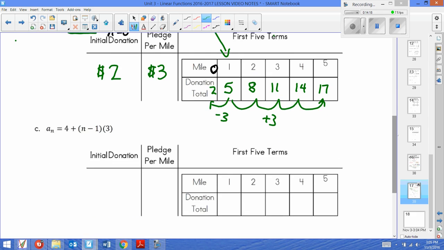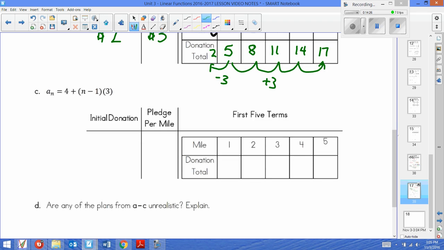Okay. Lastly, part C. This is a weird rule, but it's still a rule nonetheless. It doesn't look like a recursive pattern to me like in B, because I don't see any of the n plus 1 or a sub n minus 1 stuff anywhere. Let's distribute this 3 into the n and minus 1.